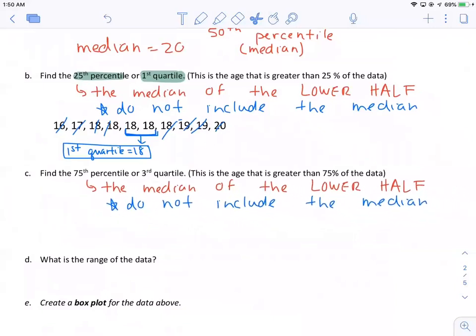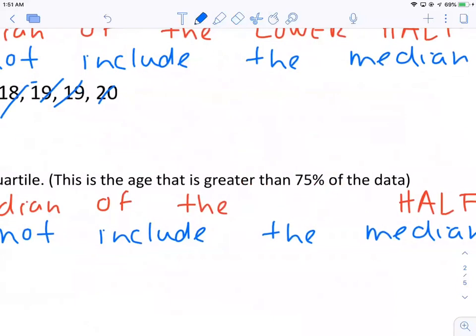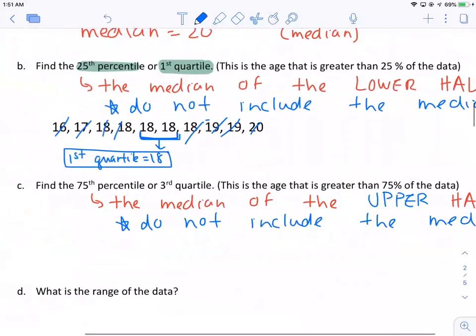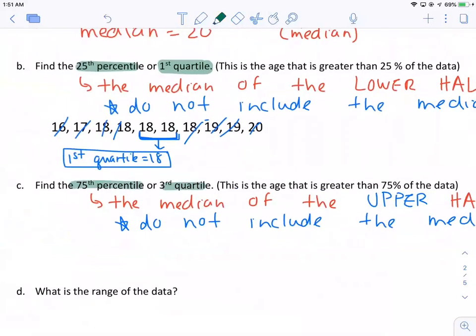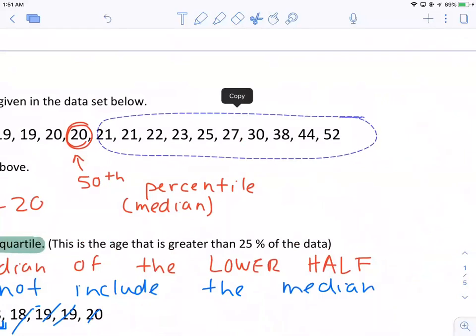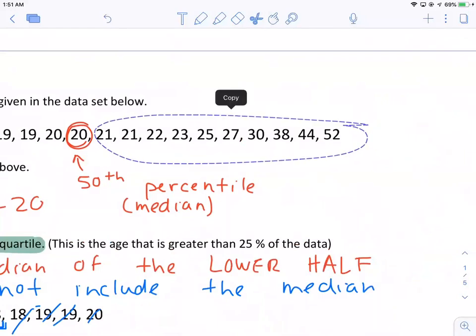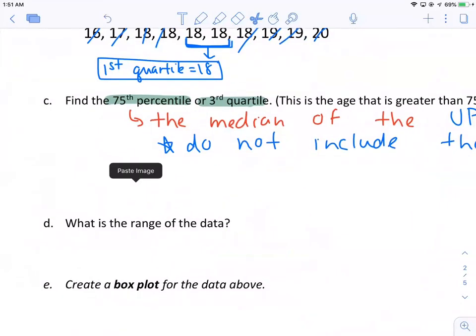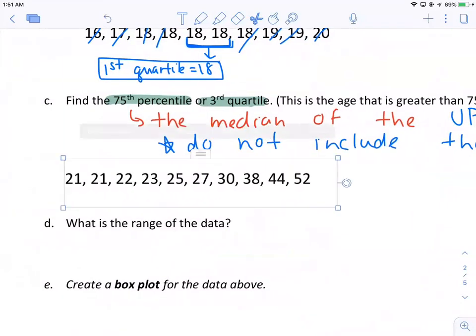So let me just copy and paste this, and change that word lower to upper. Upper half of our data. Let's get the median of this upper half.